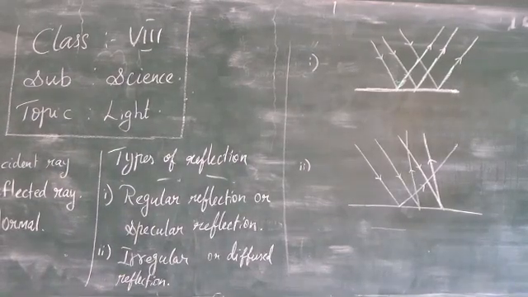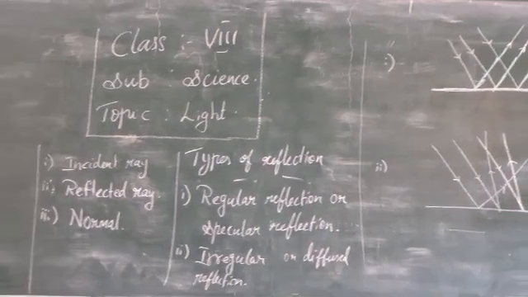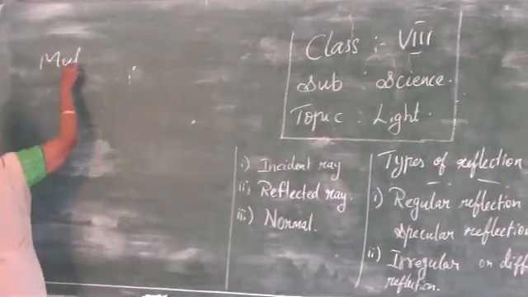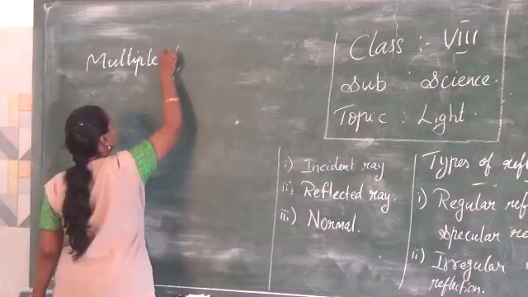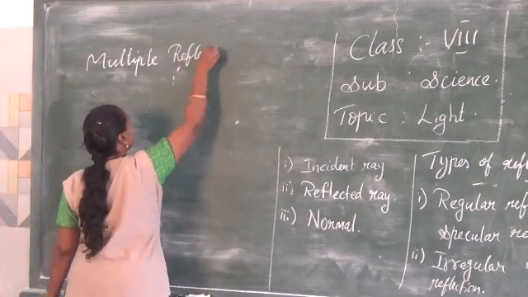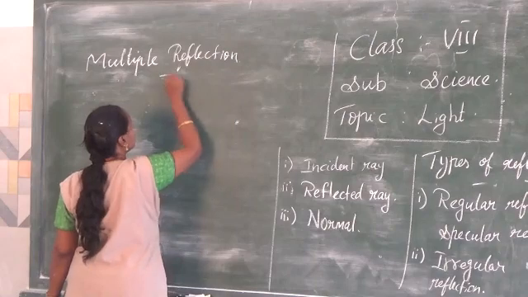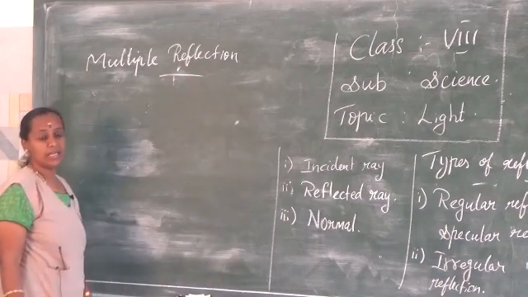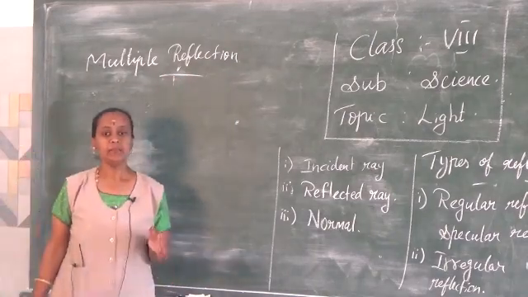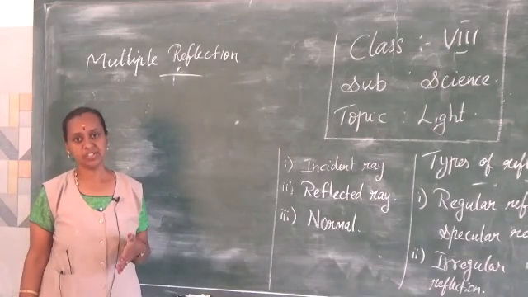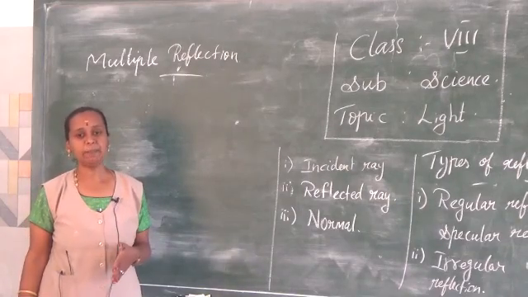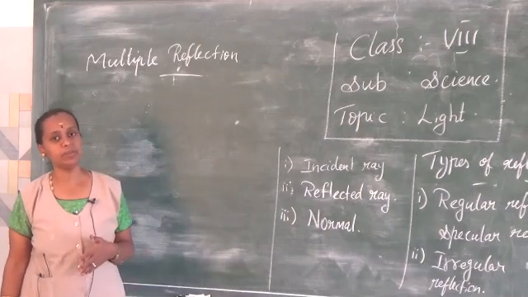We are learning about another type of reflection, multiple reflection. When two or more mirrors are inclined, they form many images. Those images are called multiple reflections.